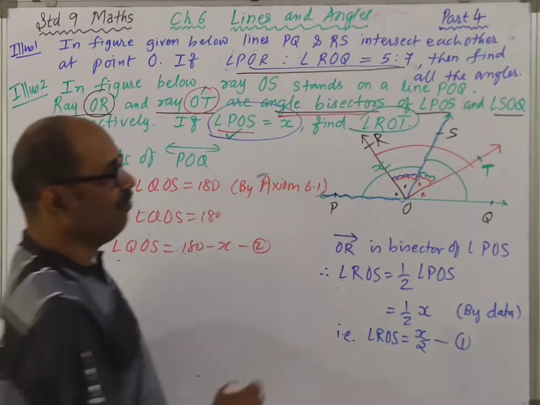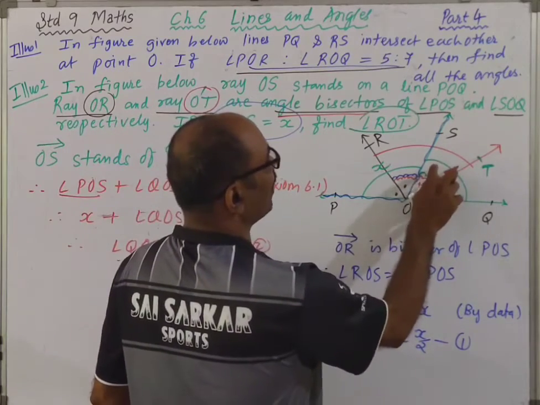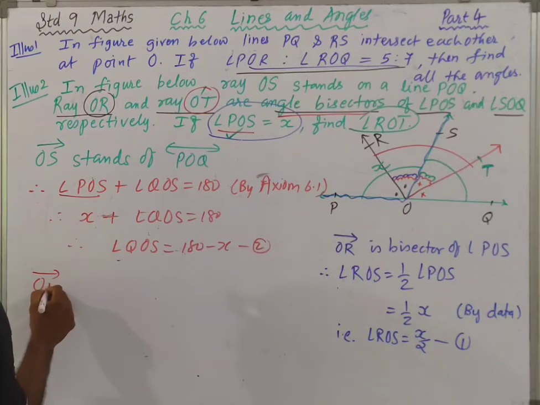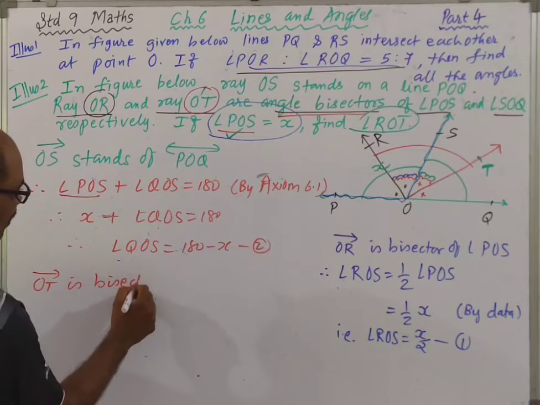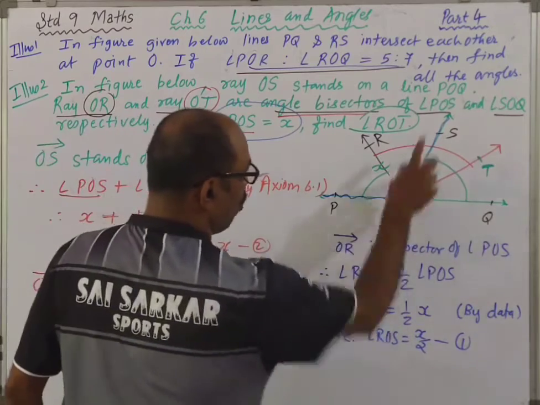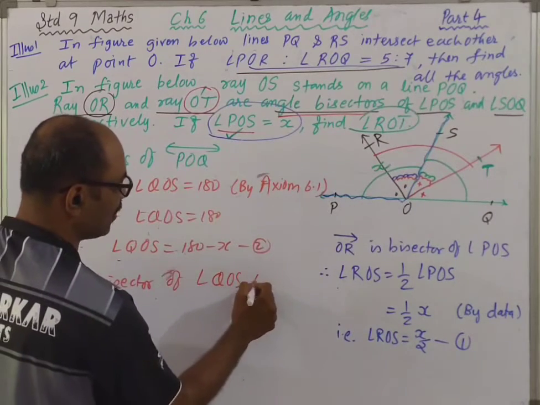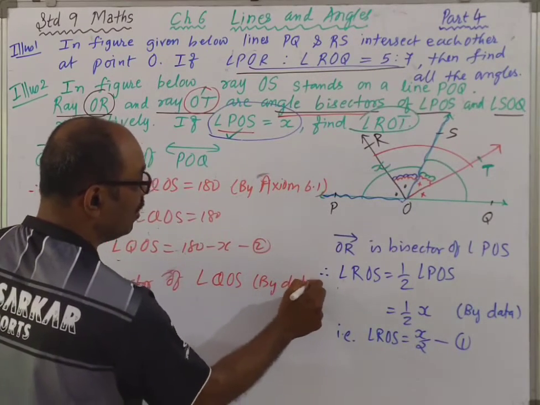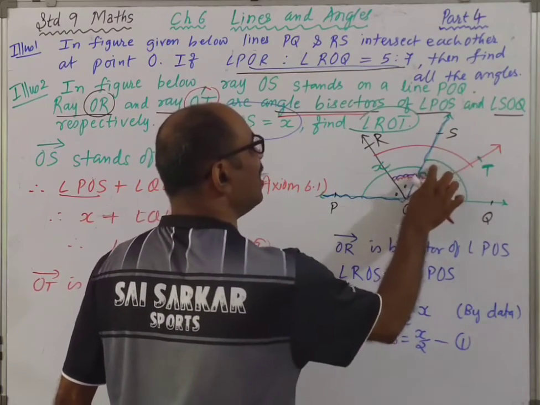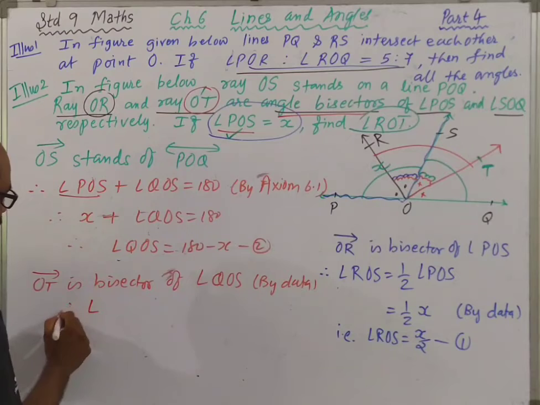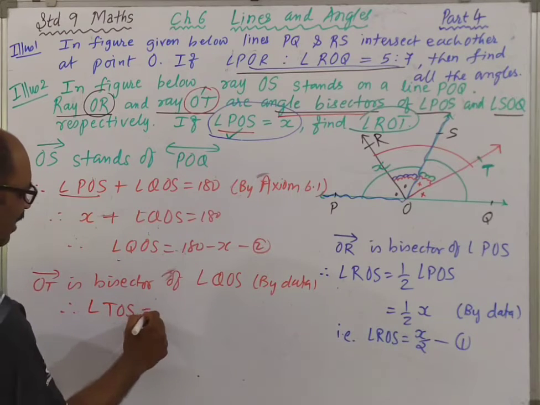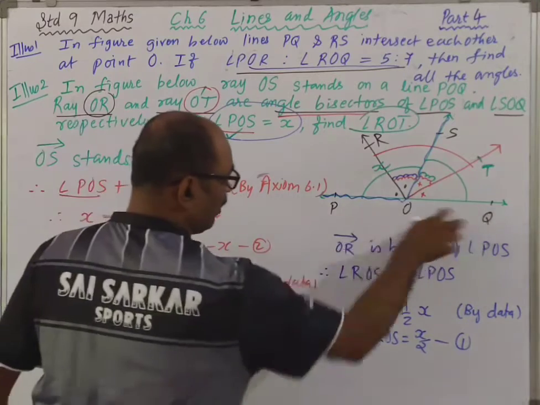Alright. So now we can work on this. Why? Because ray OT is the bisector of angle QOS. So this angle is equal to half of the whole angle. But I am interested only in this angle. So I will write, therefore, angle TOS, or you may write SOT, is equal to half of angle QOS.